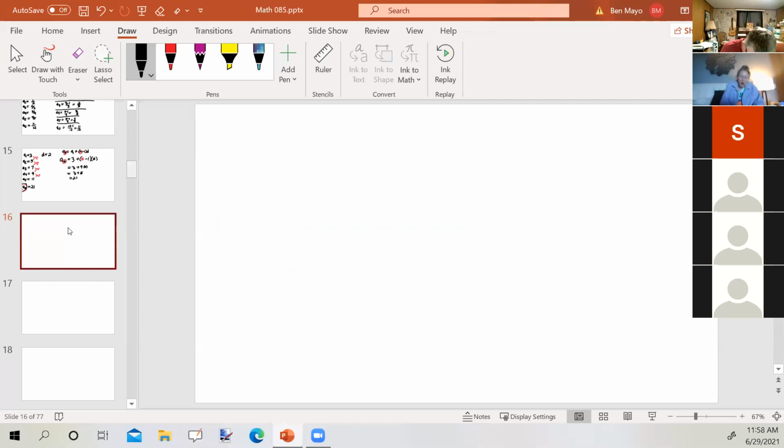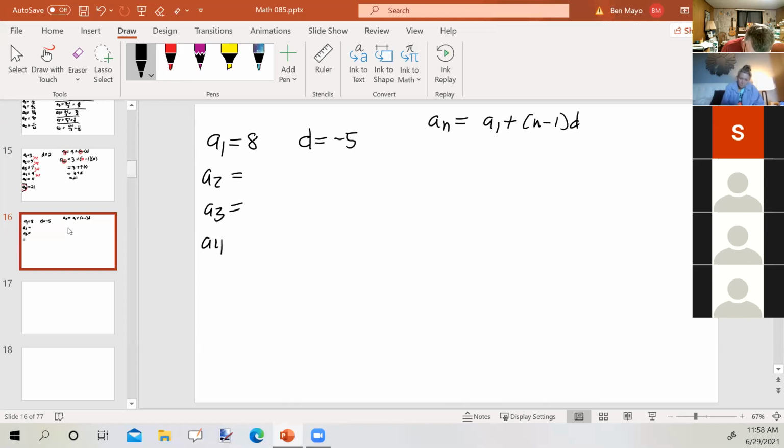We're told that the first term is 8 and the common difference is -5. So we're going to use a sub n equals a sub 1 plus the quantity n minus 1 times d. We're going to find the first 5 terms and the 25th term.